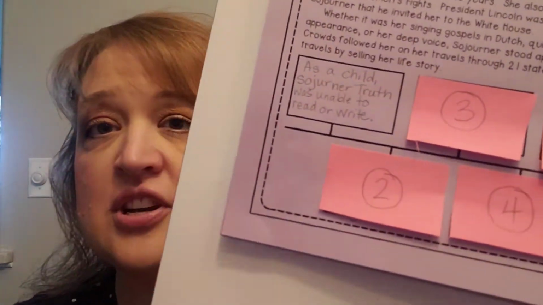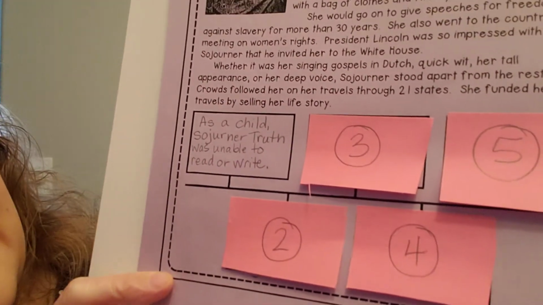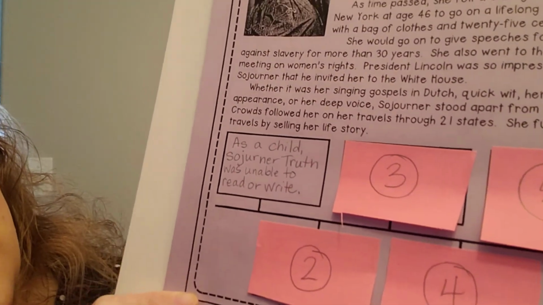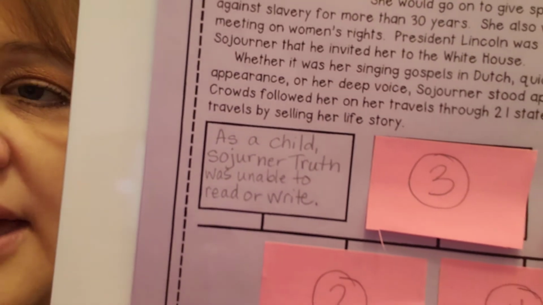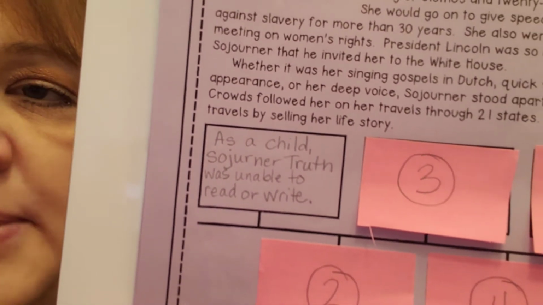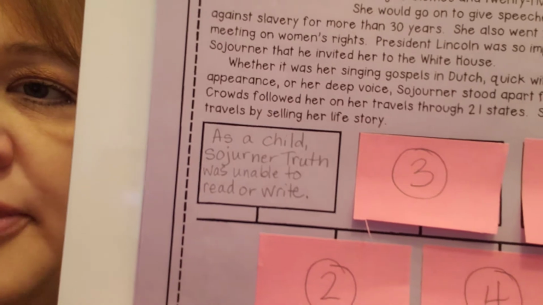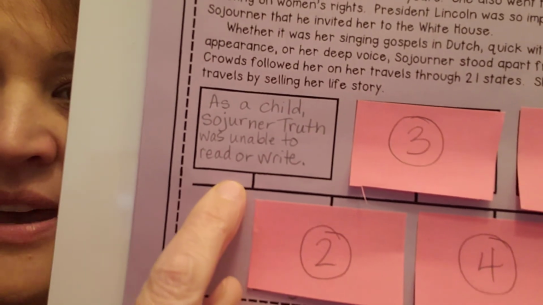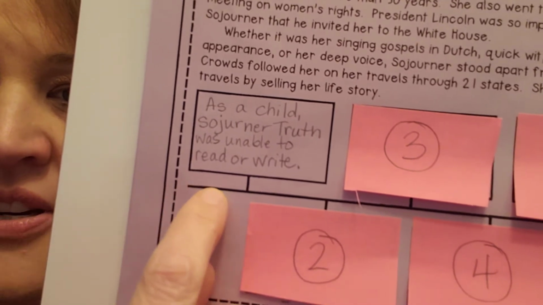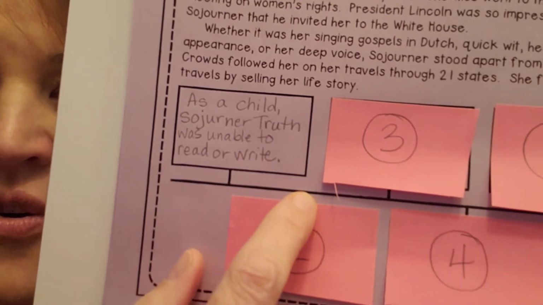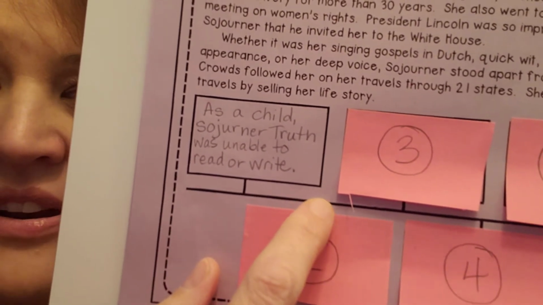So the first one that I chose, I said, as a child, Sojourner Truth was unable to read or write. Okay, that's the first thing that I want people to know about her life. Now, we're putting it on a timeline. So this is like when she first started the story. Now, we come to this line right here.